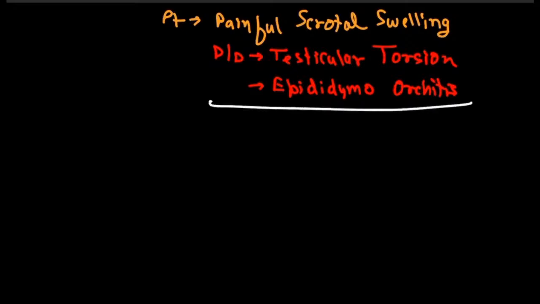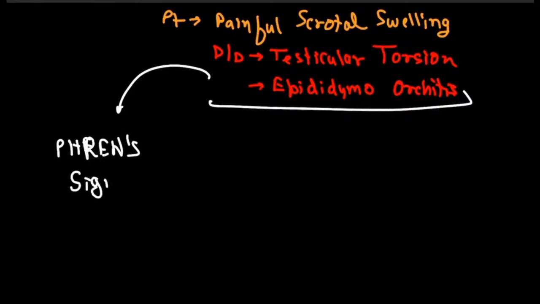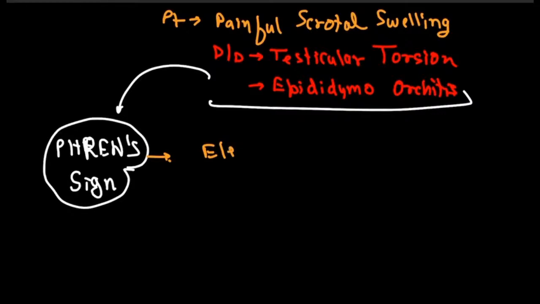Now, to distinguish between these, you perform something called the Prehn test. Prehn test or Prehn sign or whatever. Now, what is this Prehn sign? What you are basically doing in this sign is elevating the testes.